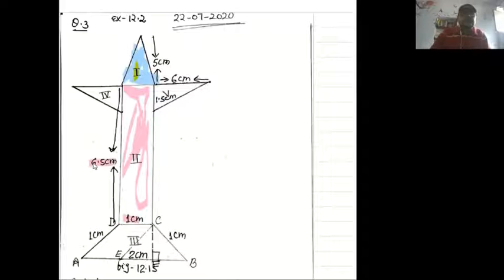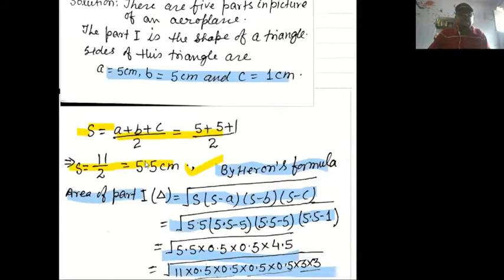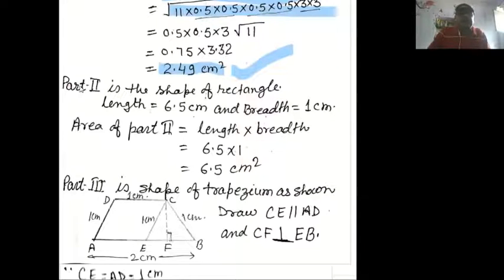The length is 6.5 and the breadth is 1. So the area of the second part, the rectangle, equals length into breadth, equals 6.5 into 1, equals 6.5 centimeter square.